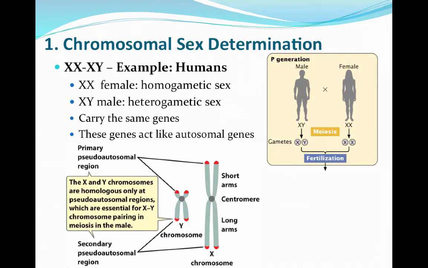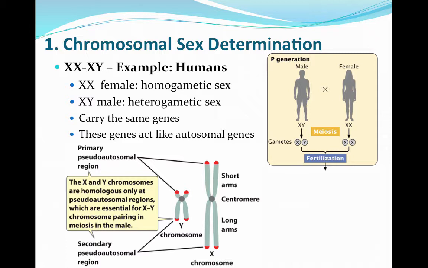A second example is in humans, and this is what we call the XX-XY sex determination system. In this case, the female is also homogametic, meaning that they have 2 X chromosomes, so they have the same sex chromosome. The male is heterogametic, meaning that they have different sex chromosomes. So the males are going to have an X and a Y chromosome.